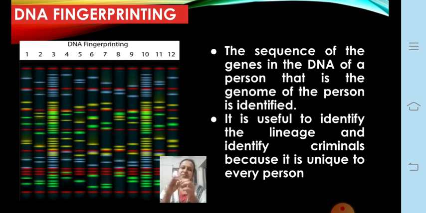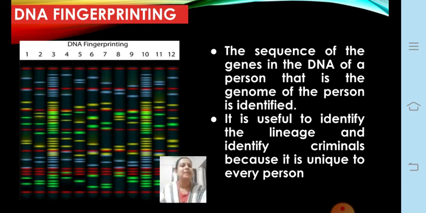So from that flesh or from the hair of that criminal, DNA can be extracted and the whole genome can be studied, and the forensic experts can come to know who the actual criminal is from the DNA fingerprinting technique. Fine. So it is useful to identify not only the lineage but even criminals, because it is unique to every person. So every person's DNA is different.